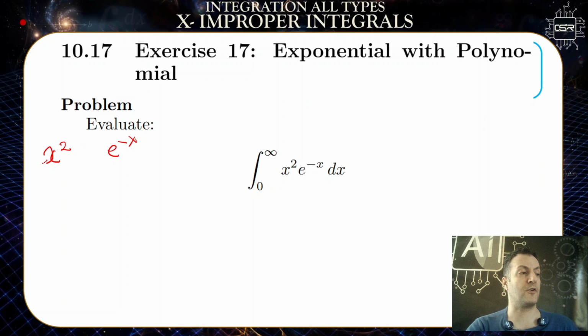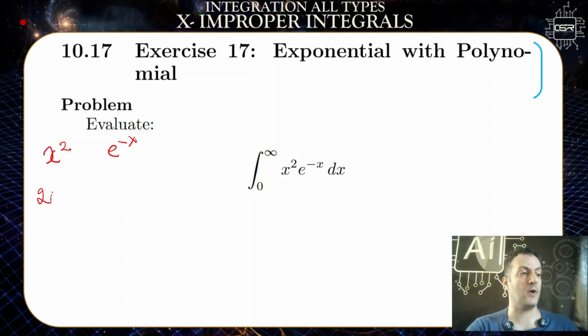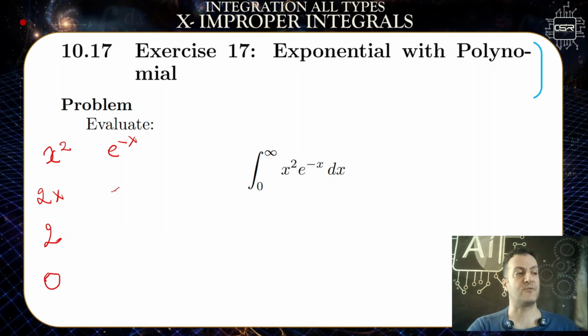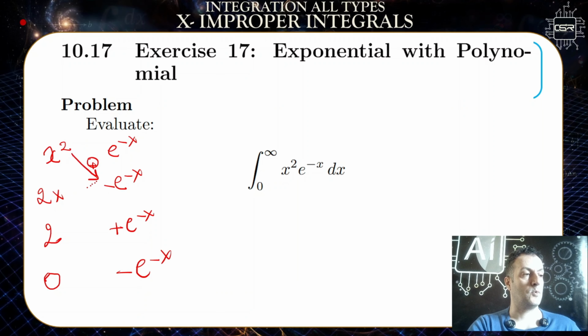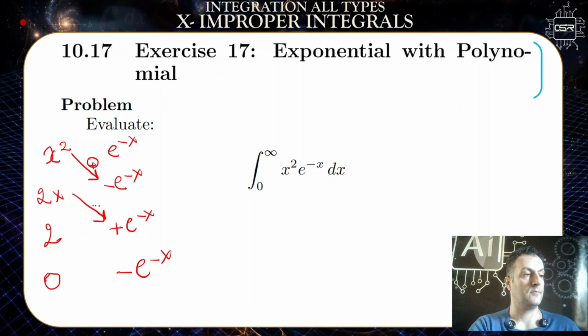Hence, let's differentiate x squared, so it becomes 2x, 2, then 0. As for e to the minus x, this is minus e to the minus x, then plus e to the minus x, then minus e to the minus x. And you multiply with an alternating sign, so plus, minus, and plus.